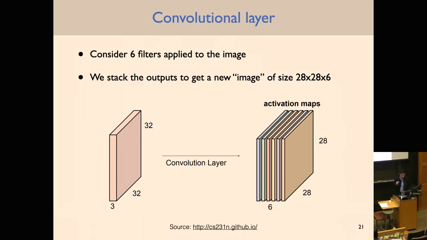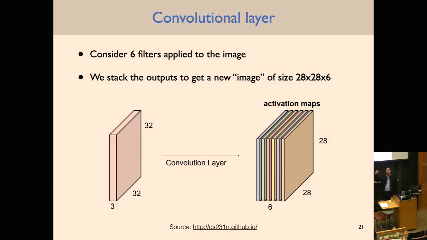Each one gives you a 28 by 28 by 1 array, and if you have 6 of them, you have 28 by 28 by 6, which is what's visualized over here. So this is the main operation. With convolutional neural networks, you start off with some block, a multidimensional array, 32 by 32 by 3, and then you process it to get another block, in this case 28 by 28 by 6.